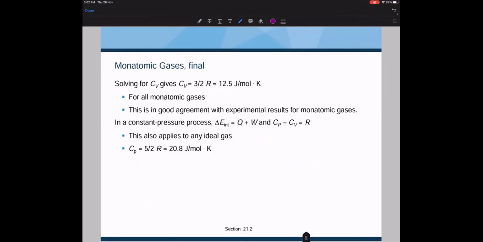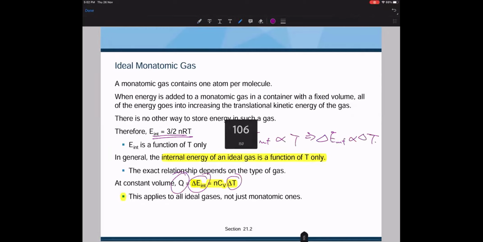And for monoatomic gas, CV, as we'll see, is equal to 3/2 times R, because as we have just seen here, E is equal to 3/2 nRT.